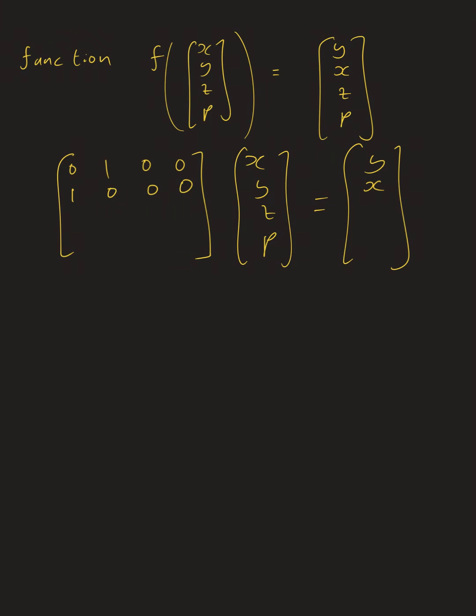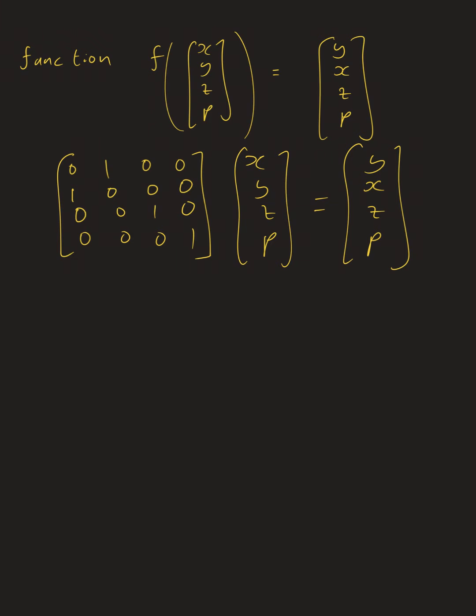So in this row here, I want something that when I multiply it by this, I get z. So z is in the third position there, so it's going to be 0, 0, 1, 0. And I want p in my last position, so it's going to be 0, 0, 0, 1. So again, when I multiply this out by this, I get no x, no y, no z, and 1p. P. So there's a matrix that represents a function that takes in this list of 4 numbers and swaps around the first 2.